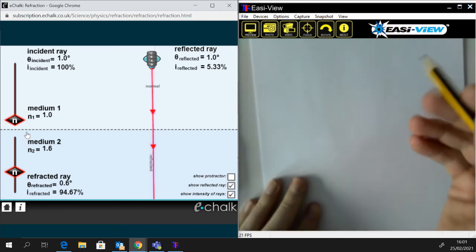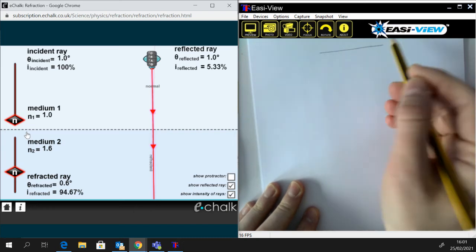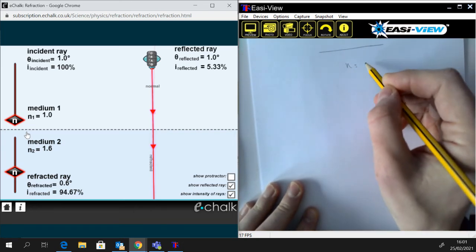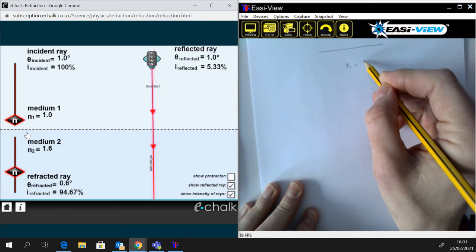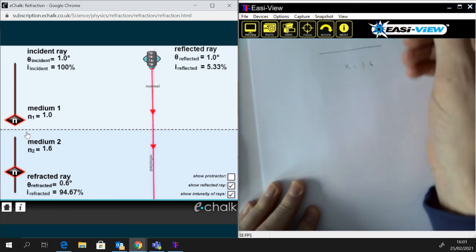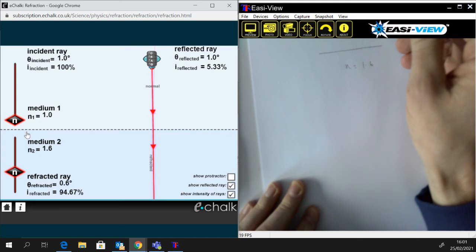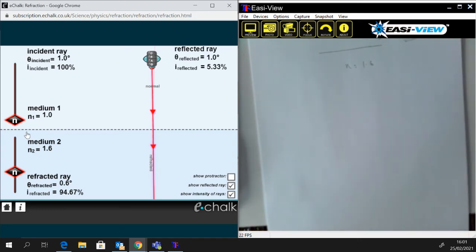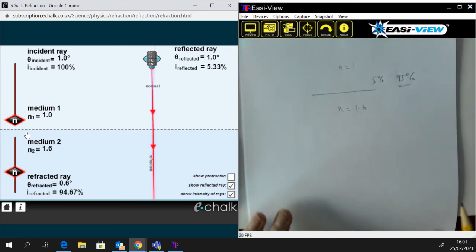So going straight from n equals 1 to n equals 1.6, we lose 5%. So we're left with only around about 95% getting transmitted. So we're losing a reasonable proportion of the light.